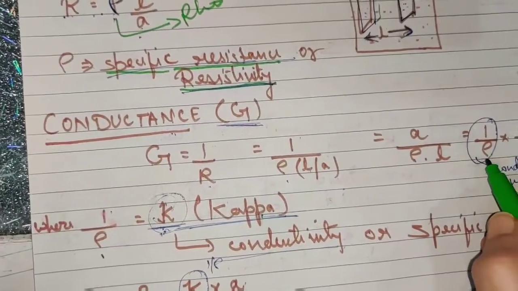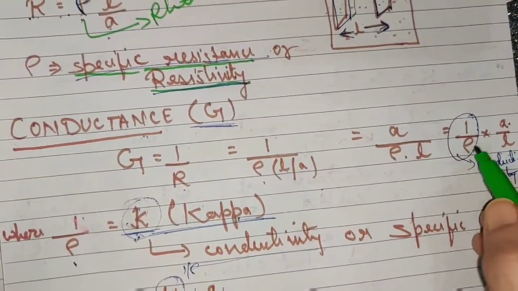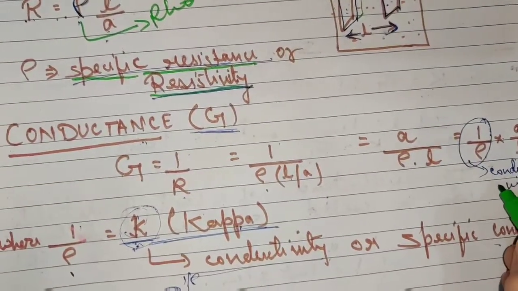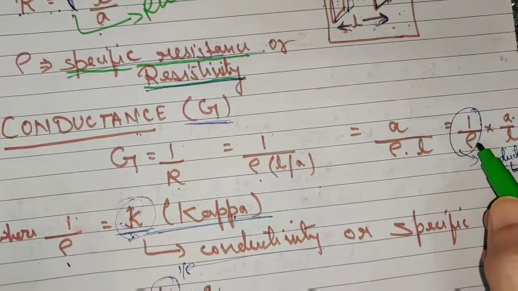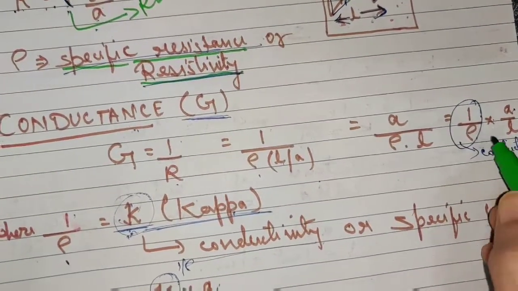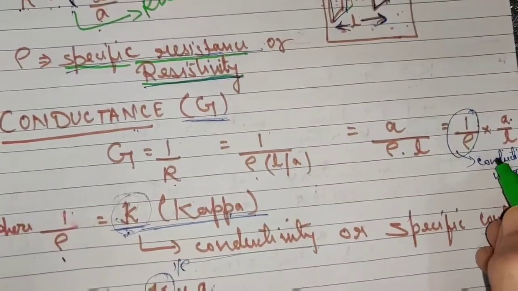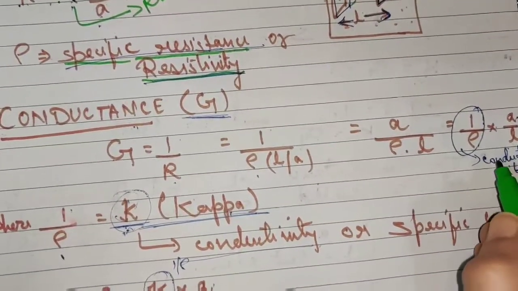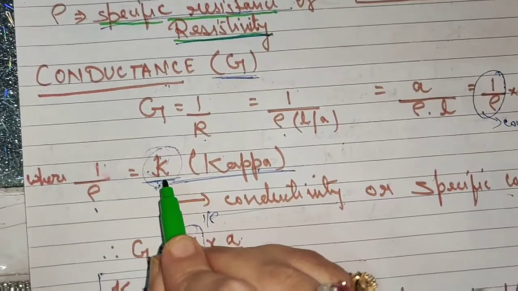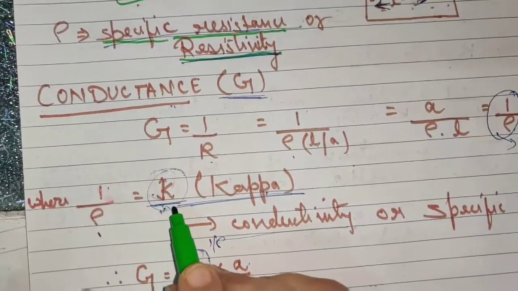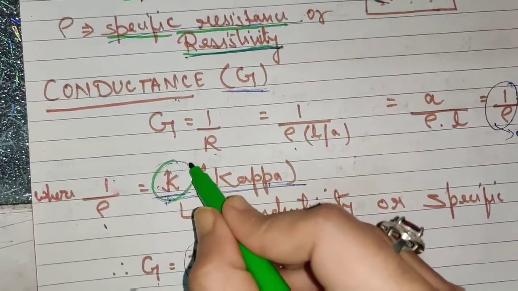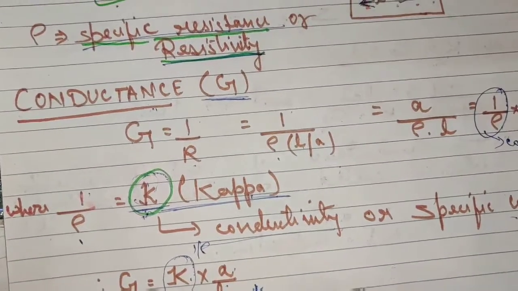Like rho is known as resistivity, 1 upon rho will be conductivity. That is, the reciprocal of resistivity is conductivity, also known as specific conductance, and is denoted by this sign which is known as kappa. This sign represents specific conductance.